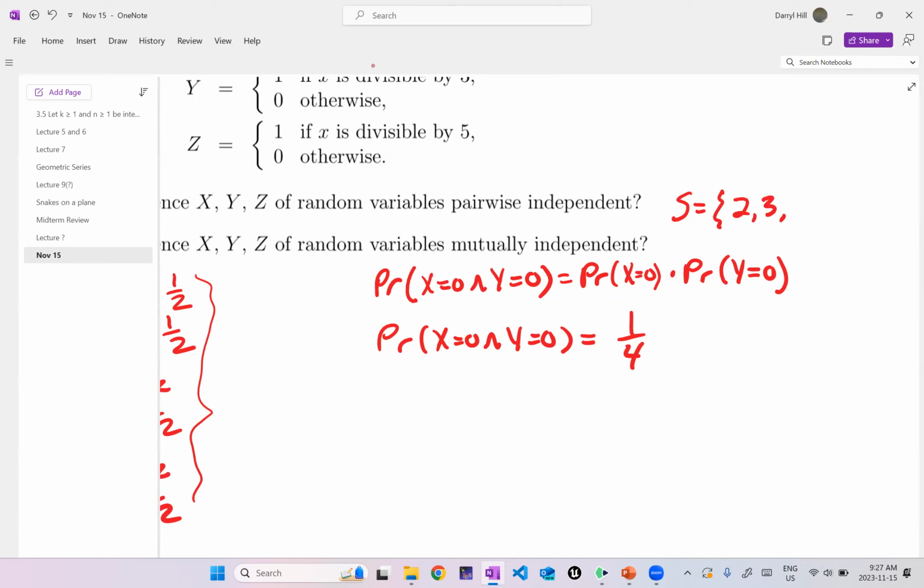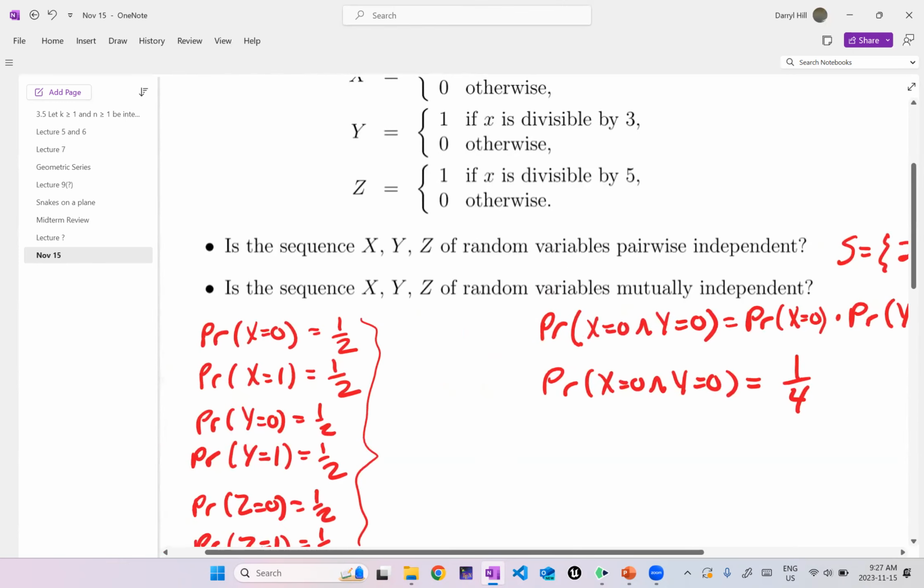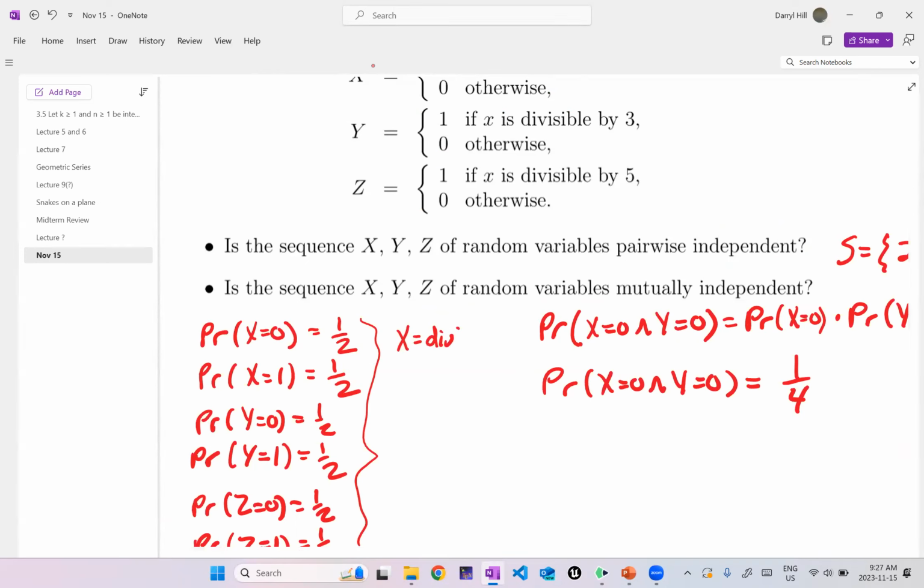The sample space is 2, 3, 5, and 30. And I just want a quick reference here. X is divisible by 2, y is divisible by 3, and z is divisible by 5.